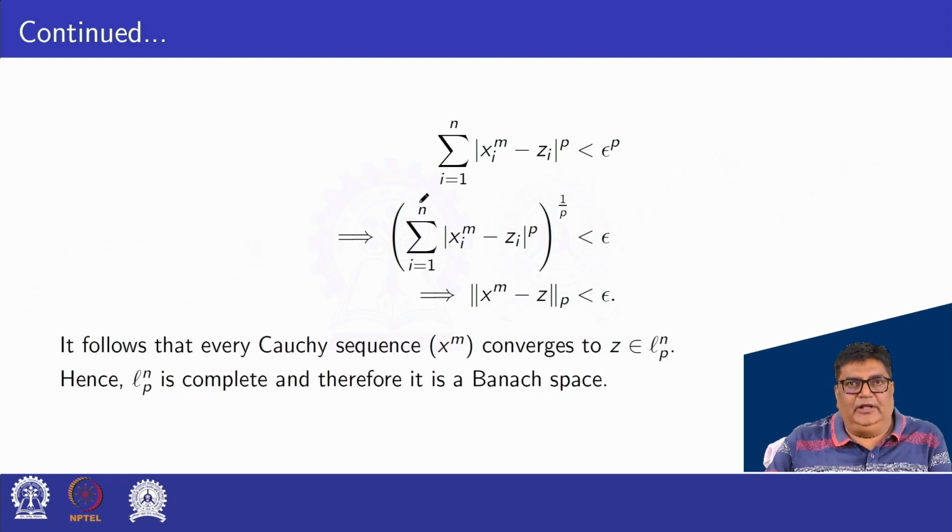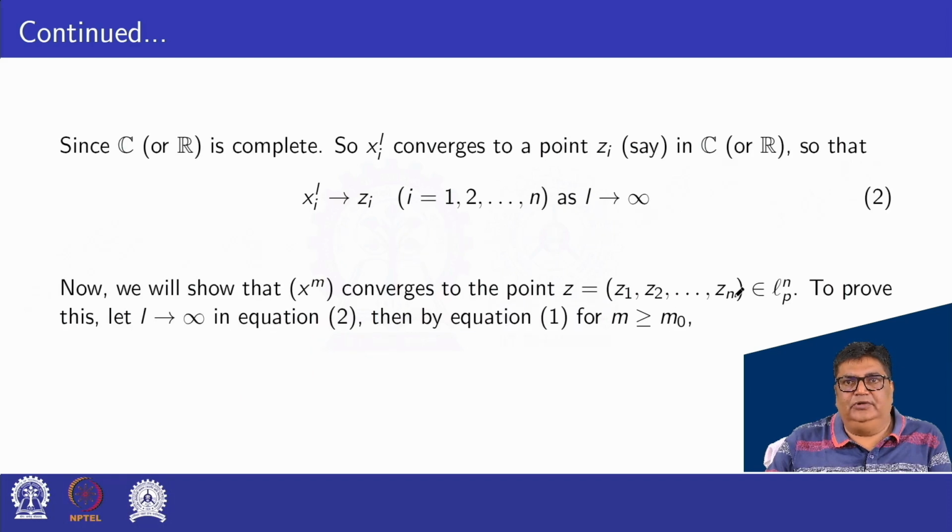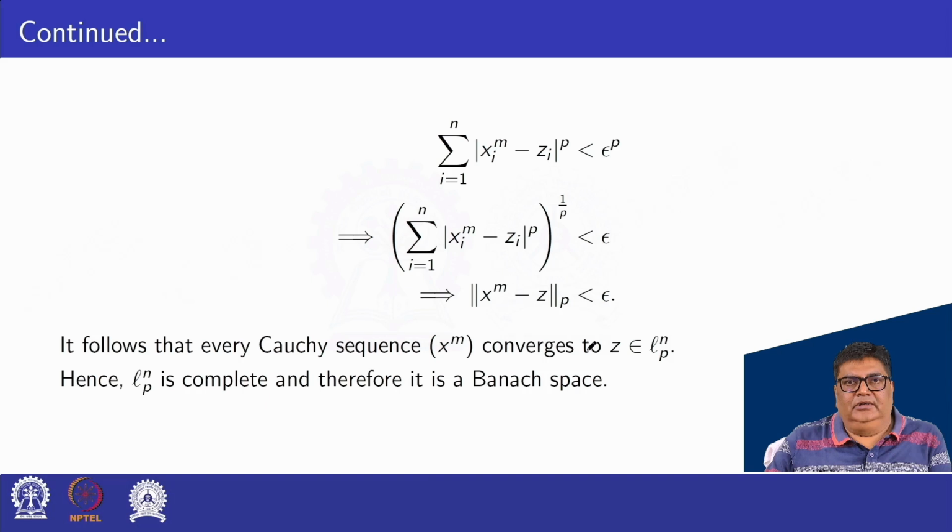As per definition of norm, this can be written as norm xm minus z less than epsilon. As per the definition of convergence in normed linear space, we can say that sequence xm converges to the point z. z has n tuples z1, z2 and so on zn, belonging to LPN. Hence, LPN is complete and therefore it is a Banach space.